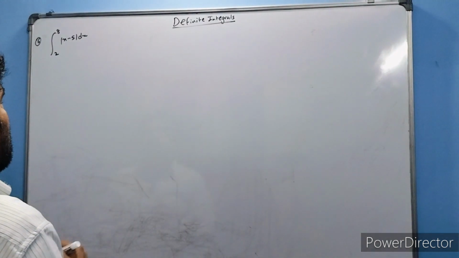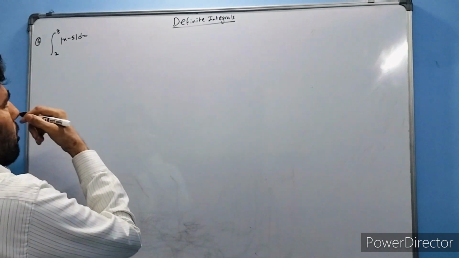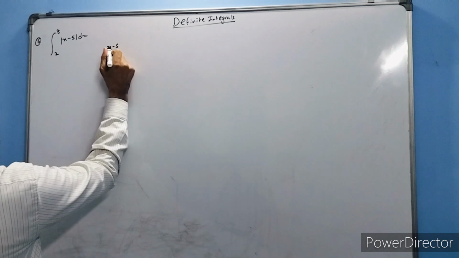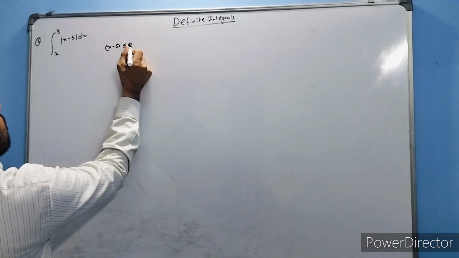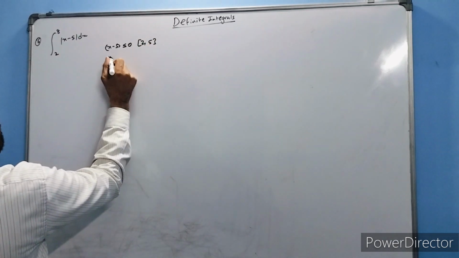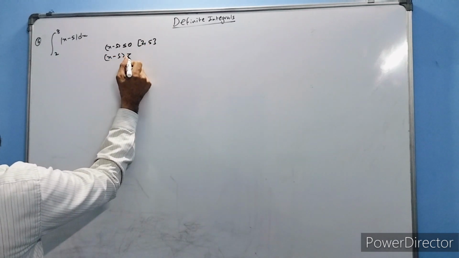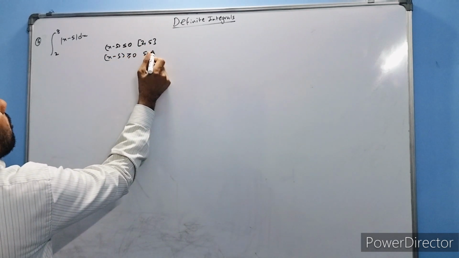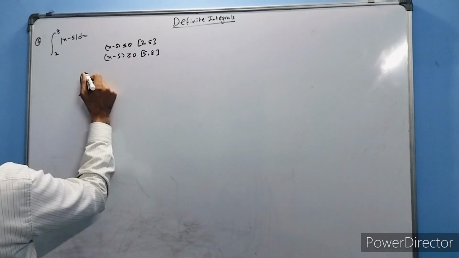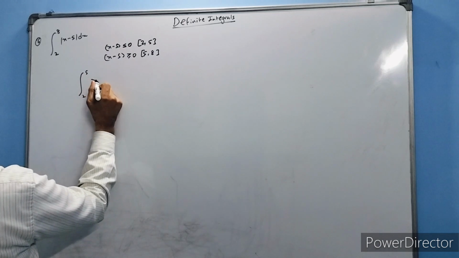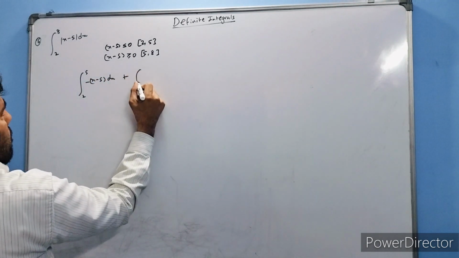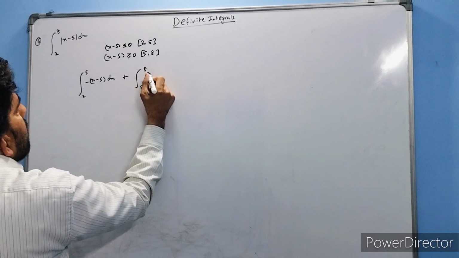Now let us solve this definite integral. Here we know x minus 5 will be negative or equal to 0 from 2 to 5, and it will be positive from 5 to 8.